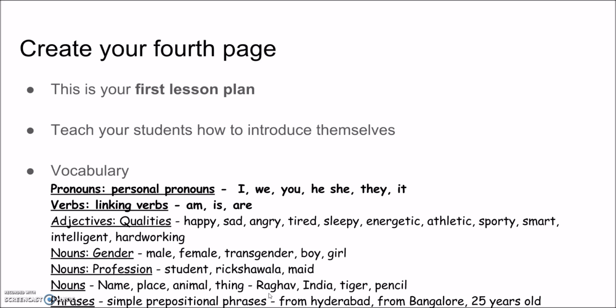So first of all, these are some grammatical terms that you have right here: pronouns, verbs, adjective, nouns, and phrases. So if you don't remember them at the back of your hand right now, what you could do is a simple Google search and just get the gist as in what these terms are about. So what are personal pronouns, what are linking verbs, what are adjectives which describe qualities, what are nouns which describe gender.